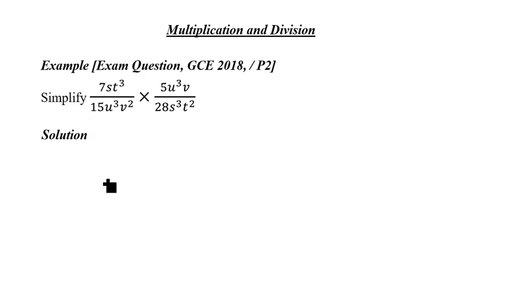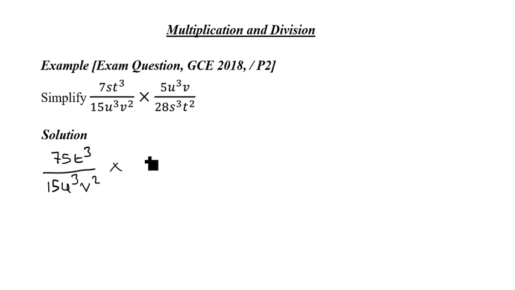So this time around we are multiplying. So it's different from the algebraic fractions that we have so far looked at. So let me just write 7s, okay, t to the power 3 over 15u to the power 3 v to the power 2.